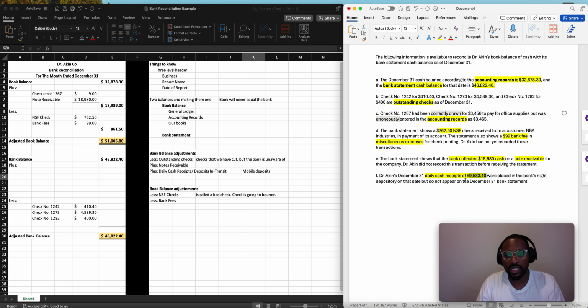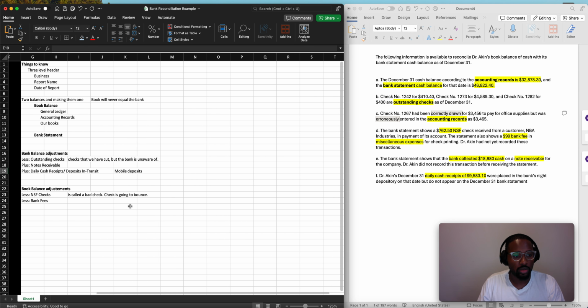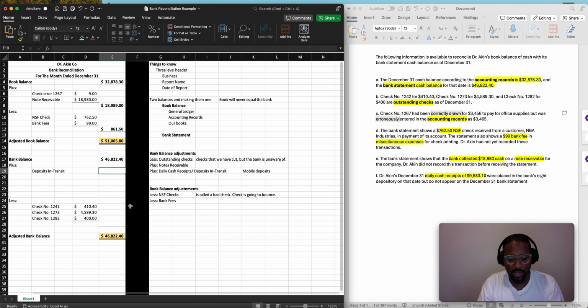So what do we need to adjust? Do we need to adjust our side or the bank side? Well, it's going to be the bank side because we already know we deposited the money. The bank is yet to post it on our account. So we're going to come here and put deposits in transit, and we're going to put the amount, which is 9,583.10.